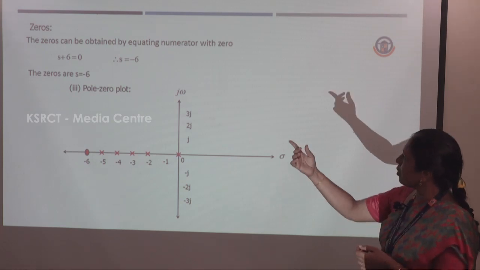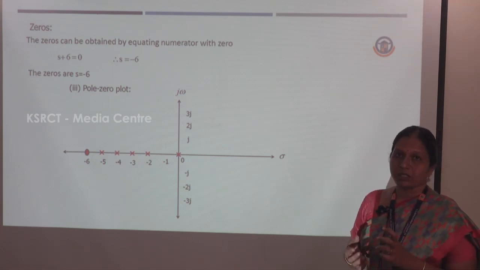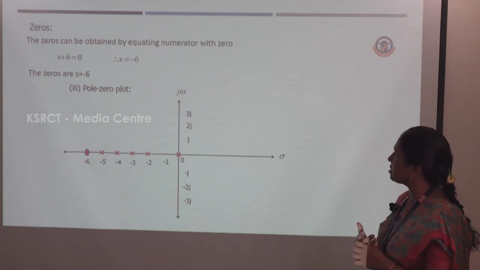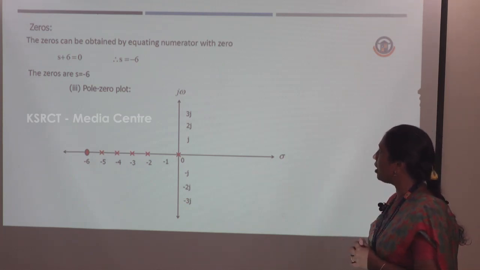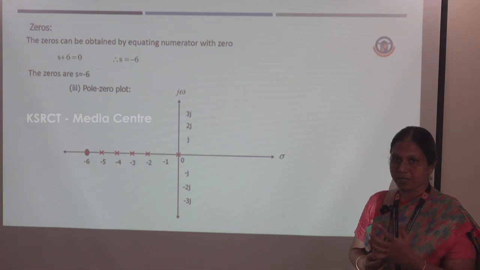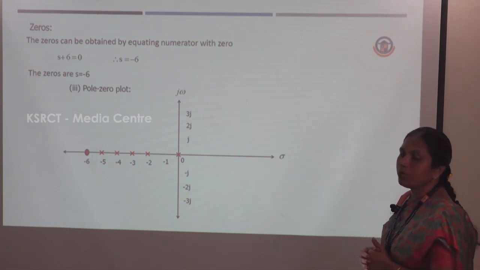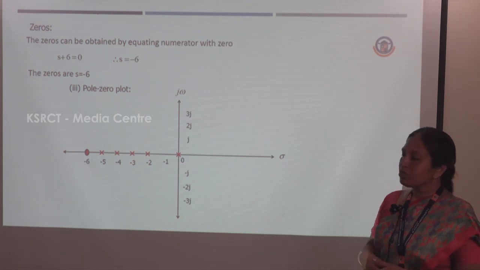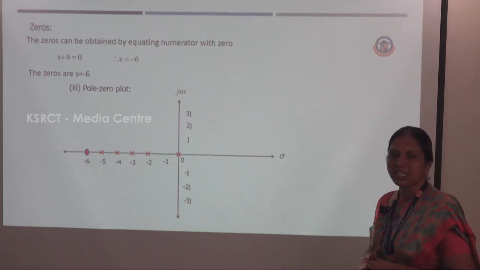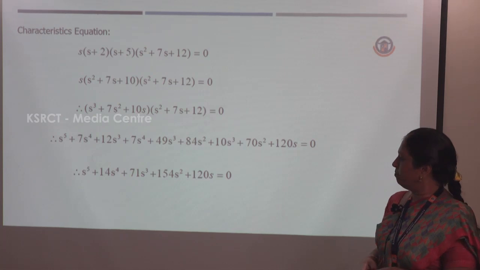In the numerator polynomial s plus 6 equal to 0, then s equal to minus 6. We can mark it in the pole zero plot, and zeros are represented by a circle. So here we mark the circle, s equal to minus 6 is the zero. So this is the pole zero plot of the given transfer function.